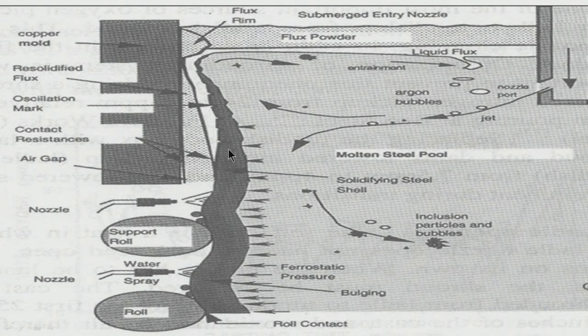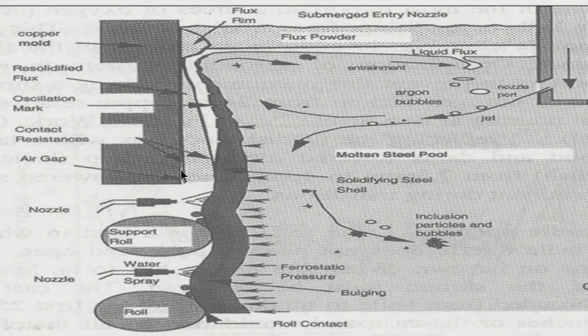So, the shell comes away from the mold. The ferrostatic pressure of the liquid will try to push it towards the mold, but the shrinkage will try to take it away from the mold. It depends which force is more. So, some amount of shrinkage will always be there. So, we have to be careful about this air gap.